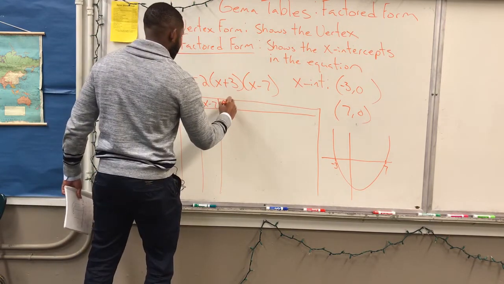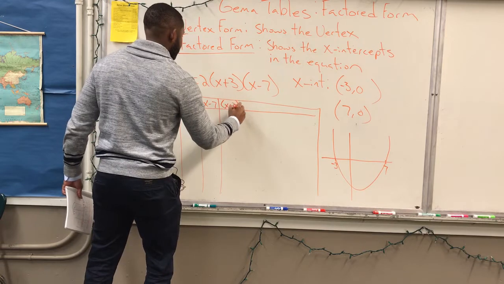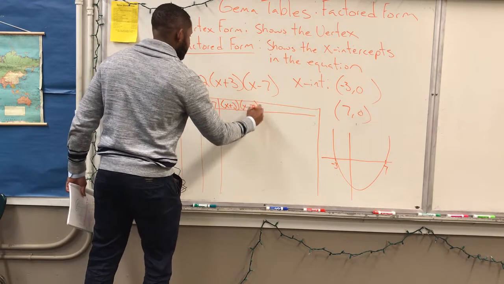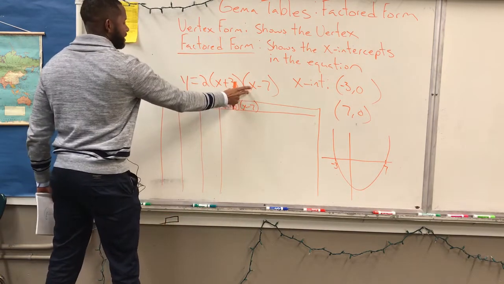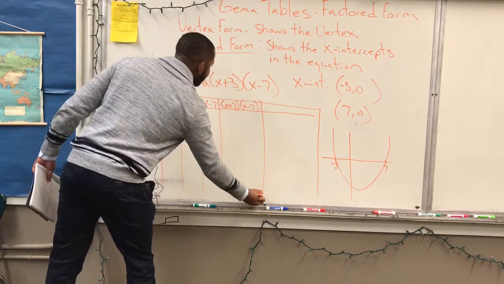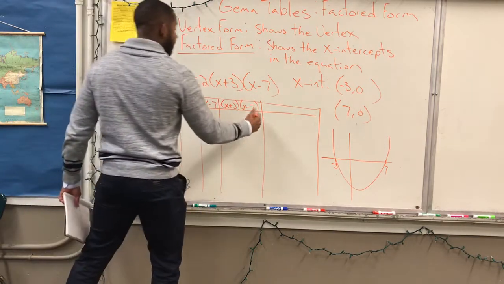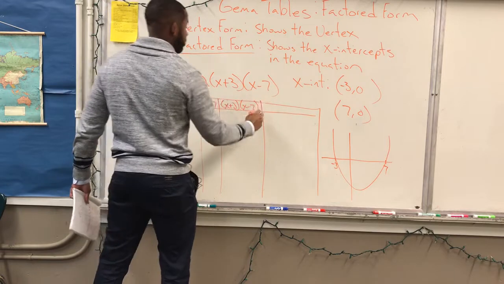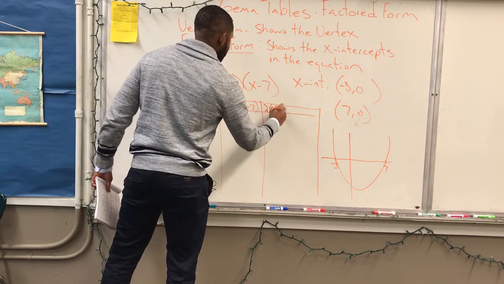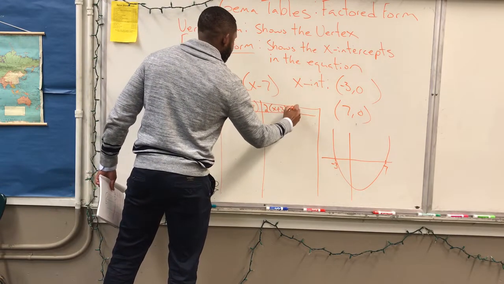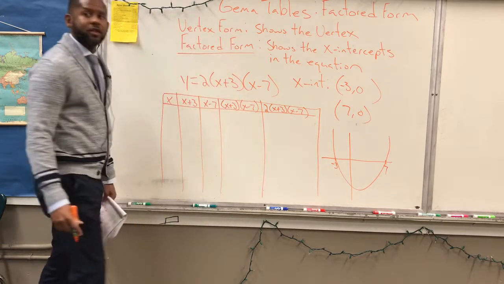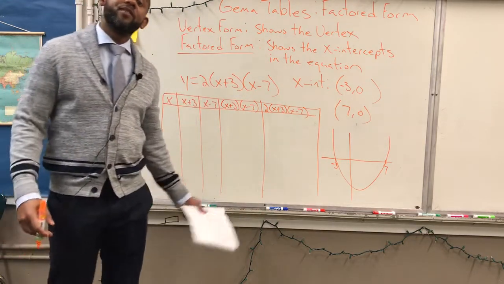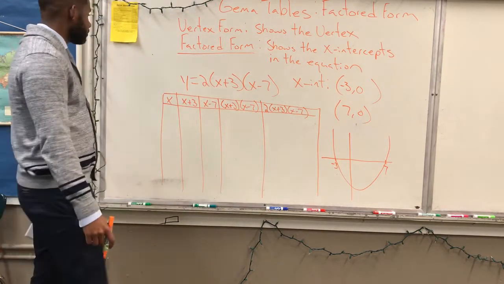And in this next one, I'm going to show where x plus 3 is multiplied with x minus 7. That's happening right here. And finally, I'm going to show where 2 is multiplied with all of that. 2 times x plus 3 times x minus 7. So that's how I build this type of Desmos table.